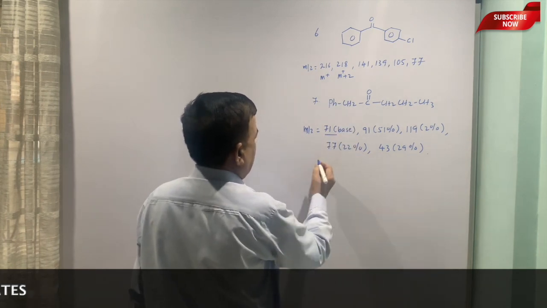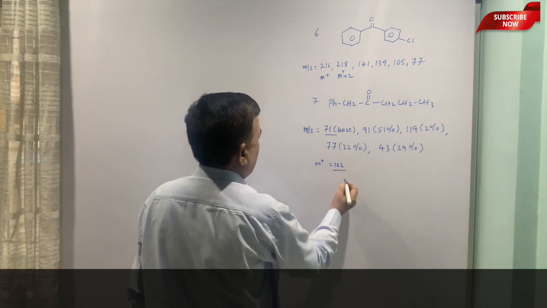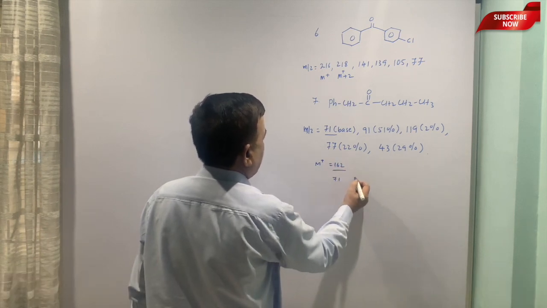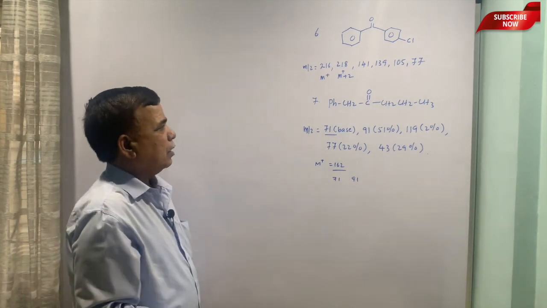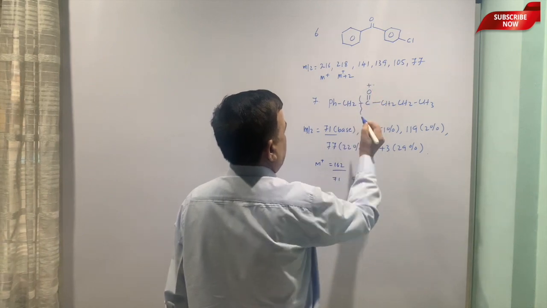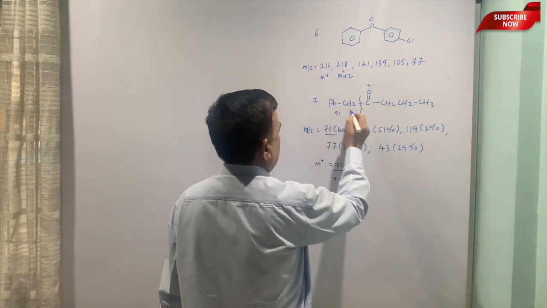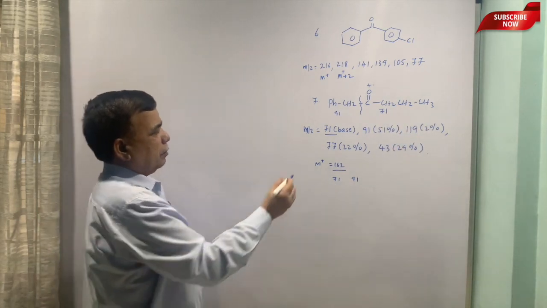Now they have not mentioned M plus, but M plus if you calculate it is 162, and if you divide 162 into 2 parts, that becomes 71 and 91. So the breaking here, this is 91, this is 71, that goes without any problem.